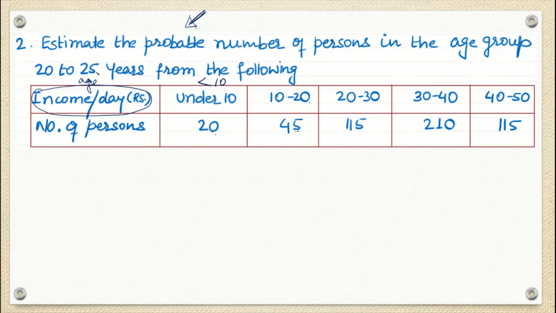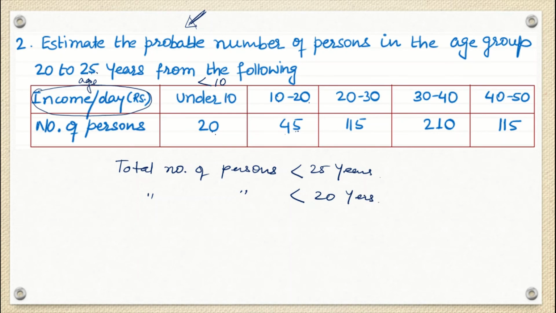That means if we can write down the total number of persons less than 25 years, and similarly the total number of persons less than 20 years, and then subtract between these two values, we will get the answer to this question. Fine. So the same thing we are going to do here.